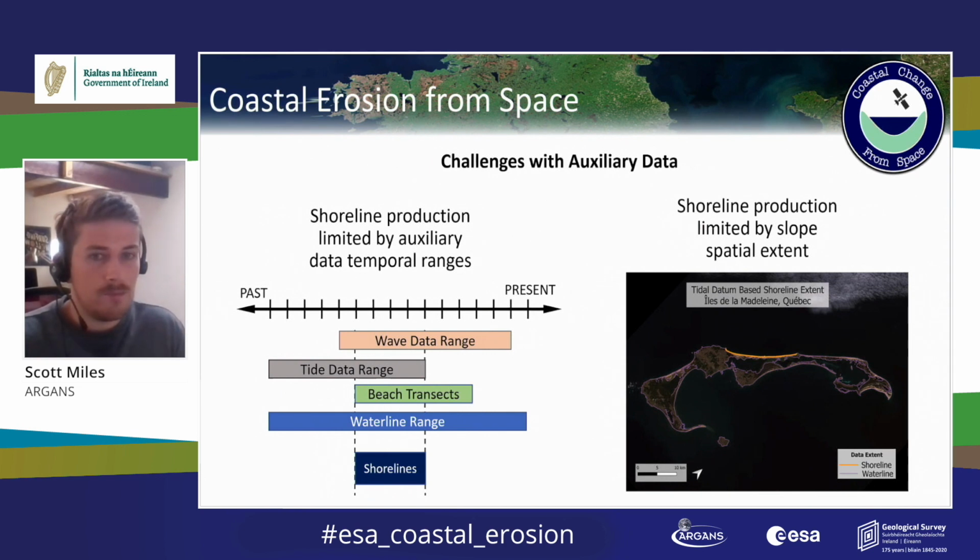Secondly, a lot of the data is difficult to source, especially if it doesn't already exist. This example on the right is from Canada, where we can compare the waterline extent in purple to the shoreline extent. In certain areas, it's quite difficult to find this data, and this can seriously limit the extent of the shoreline.